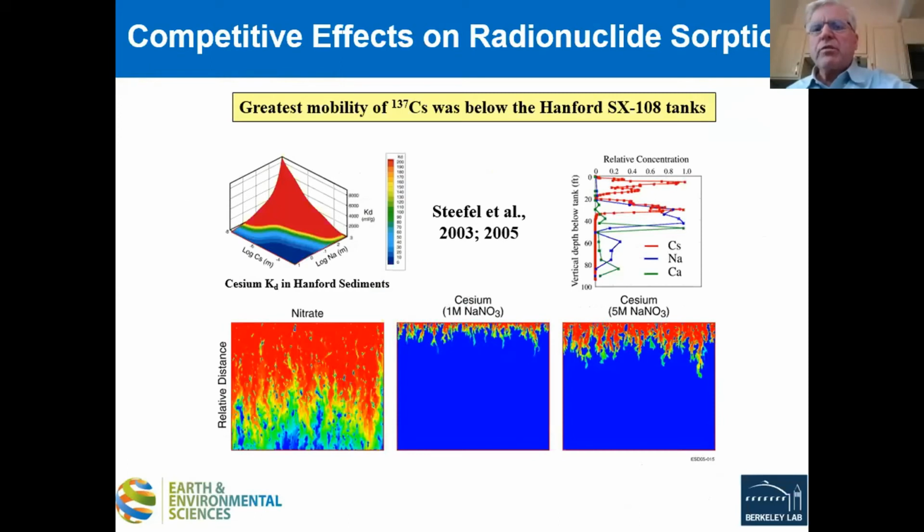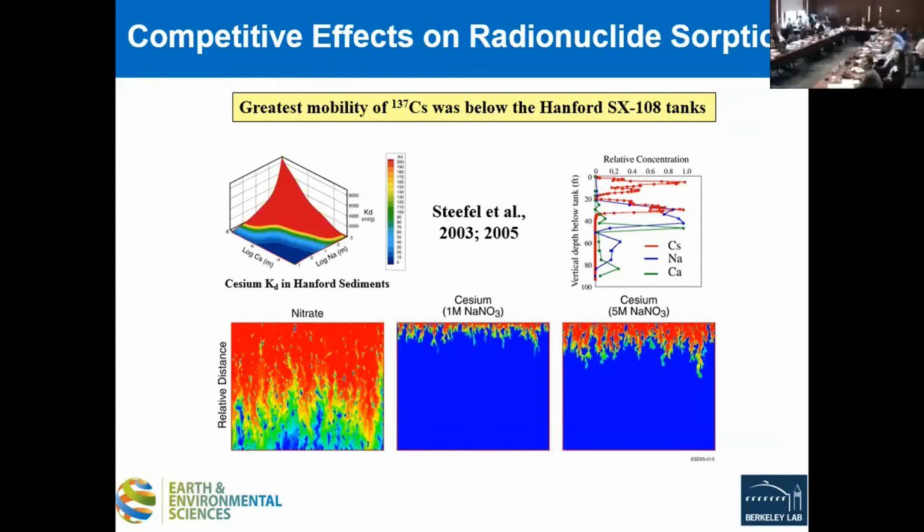And this is non-trivial because these tanks were basically nitric acid plus sodium hydroxide, and it forms sodium nitrate. Very strong, say 10 molar, 15 molar sodium nitrate, which then competes with the cesium.